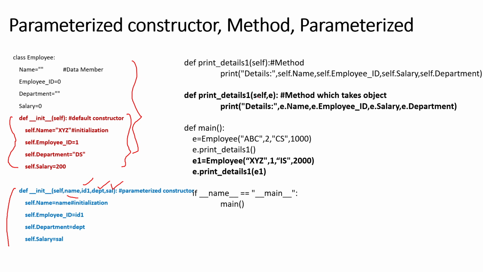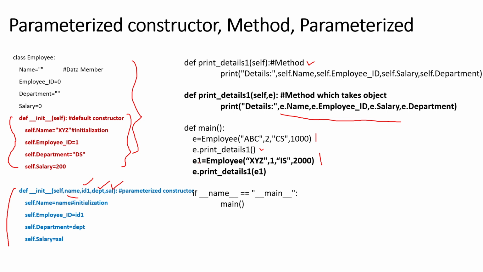I'm invoking this from self, but I'm going to print the other object, e dot name. That's the difference, nothing else. E is the first employee, E1 is the second employee. This is called as E dot print details.